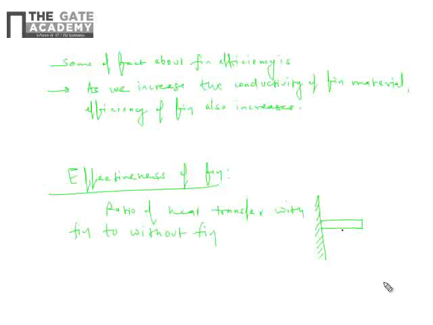Let us say one surface which has fin and another same surface won't have any fin, and this is the cross sectional area, right?